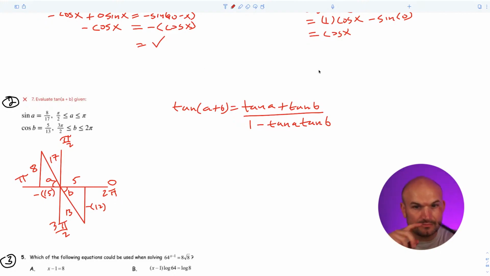Now it just says evaluate, so all we're going to do is plug in our tangent for A and B based on these two triangles. Again, be careful with the negatives.